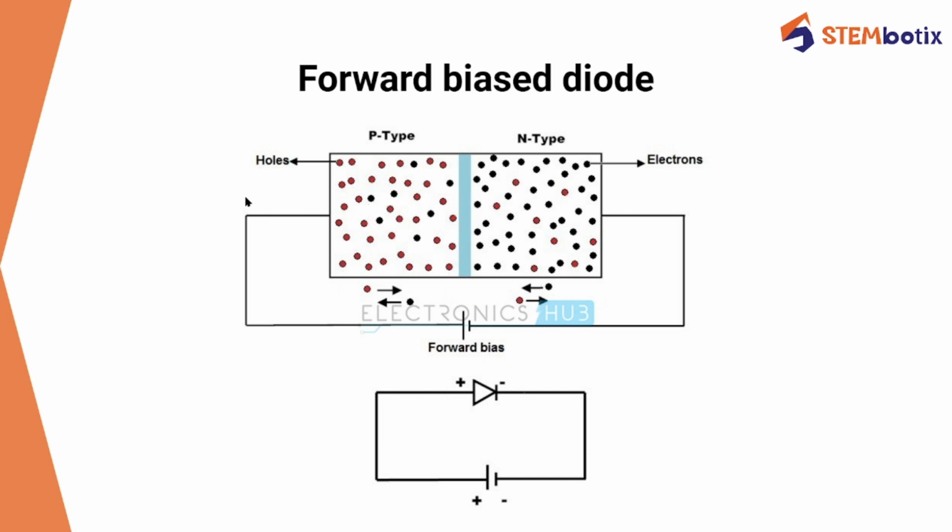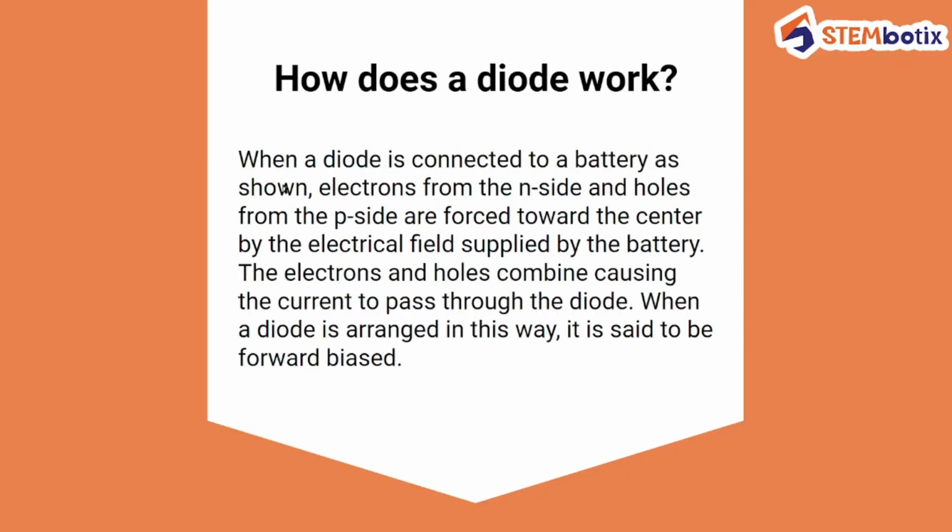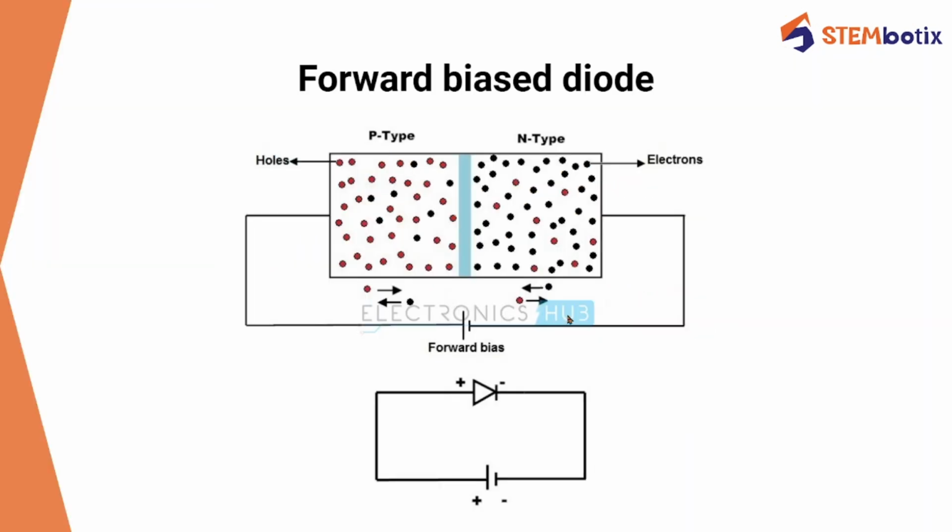Whenever the p type is connected to the positive terminal of the battery and the n type is connected to the negative terminal of the battery, and the field is supplied by the battery, it is called a forward bias condition. The electrons and holes combine, causing current to pass through the diode.